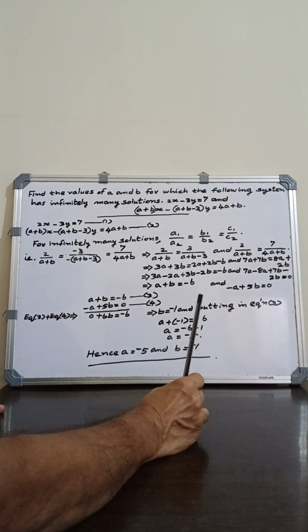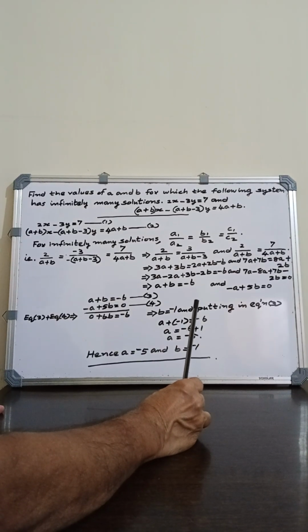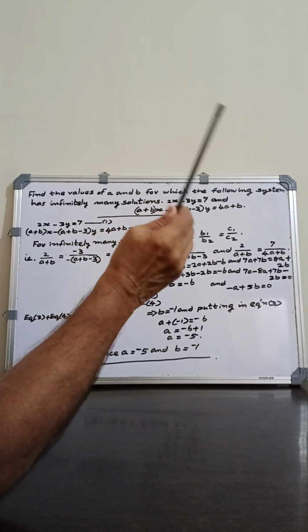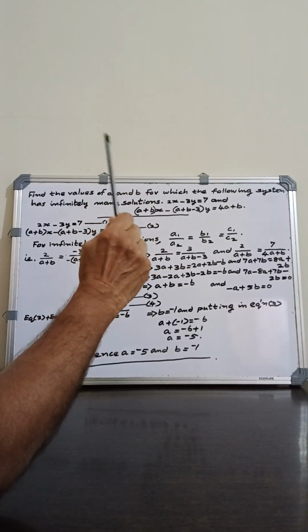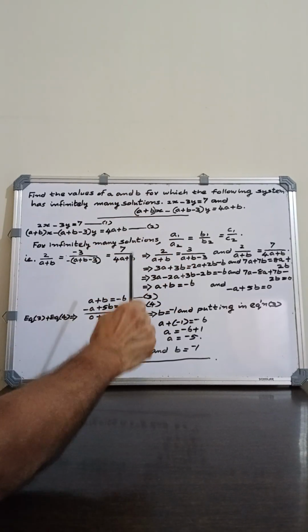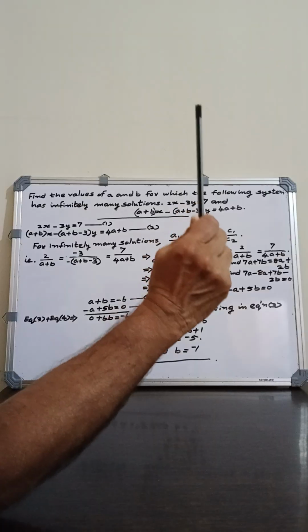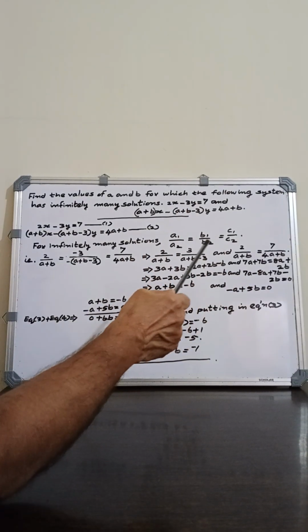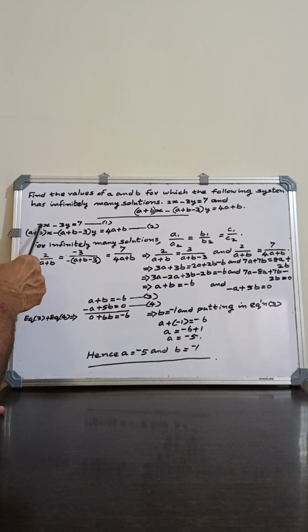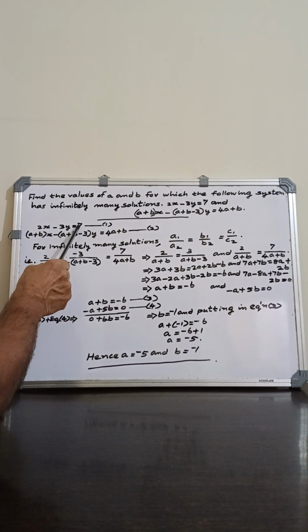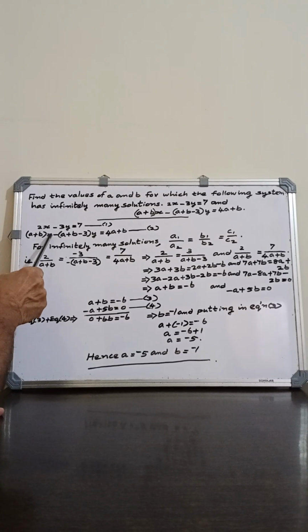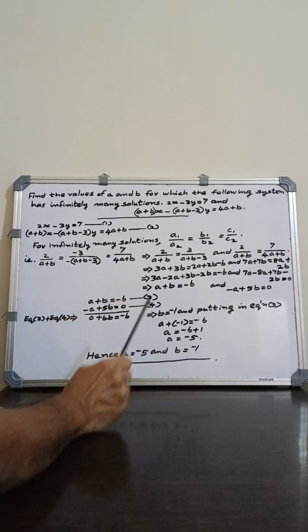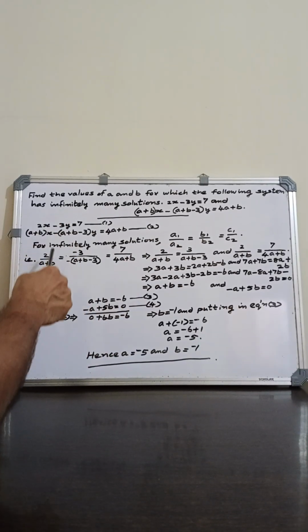You may get confused about a1, b1, c1 and a2, b2, c2. I am just reminding you of the standard form of the system of equations: a1x plus b1y equals c1, a2x plus b2y equals c2. Plus and minus signs are according to the given system.